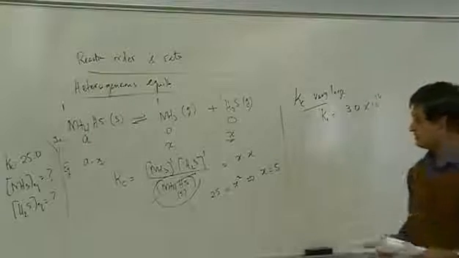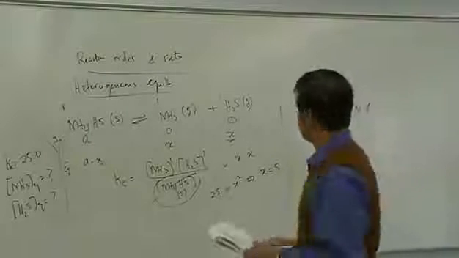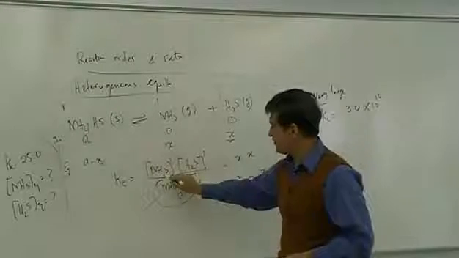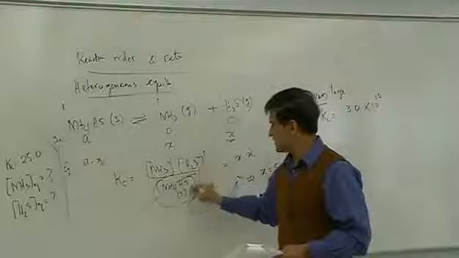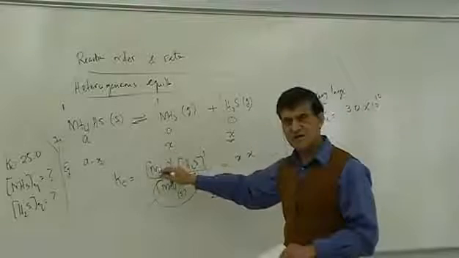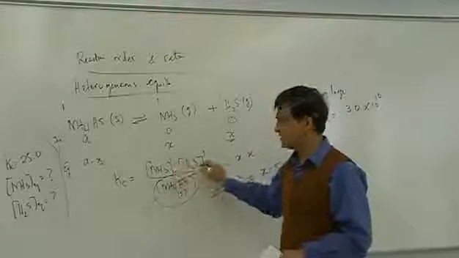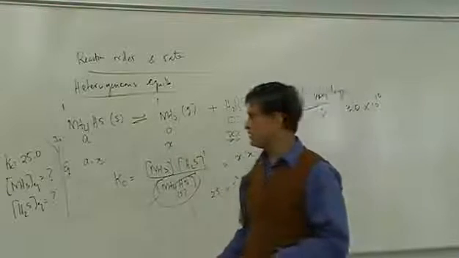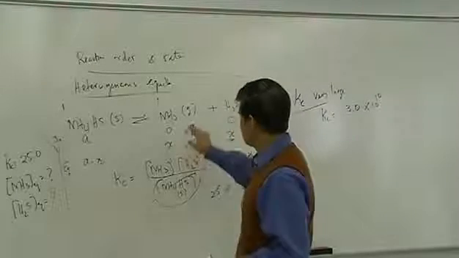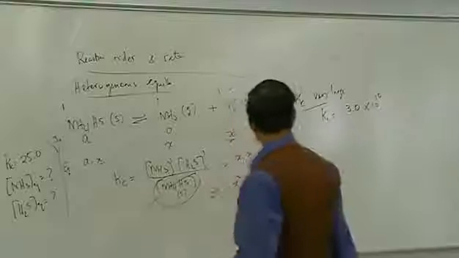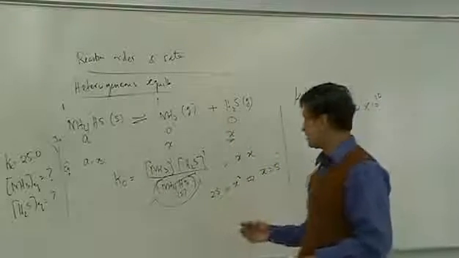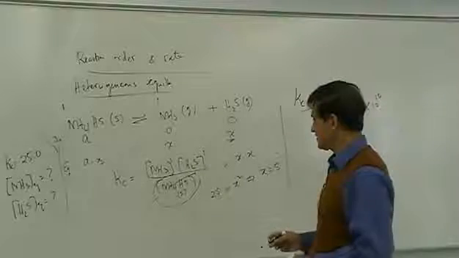What would that mean in terms of product or reactant concentration? Kc is defined by products on the top, reactants on the bottom. So if I have a large value of Kc, that means my product value is quite large. That means this reaction will be generating a huge amount of products and almost no reactant. So you expect a large concentration of products when the Kc value is large.